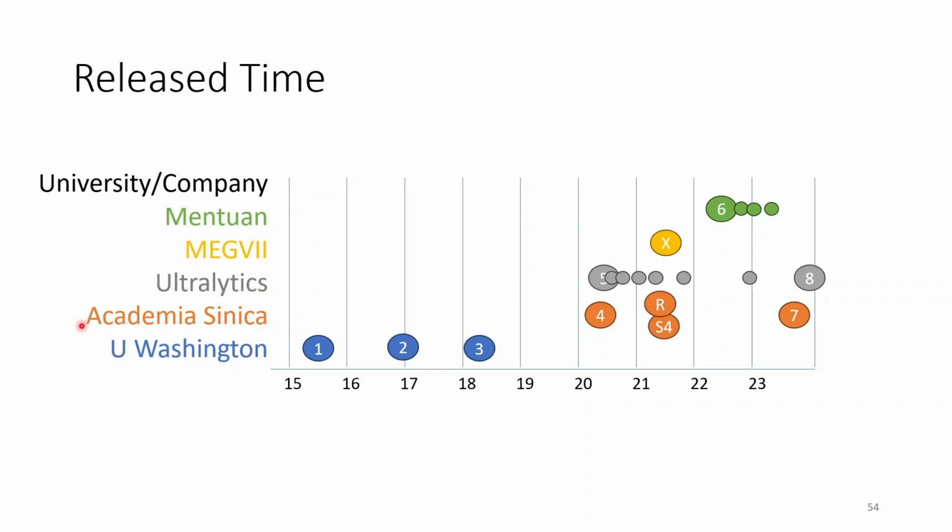The second group is Academia Sinica in Taiwan, which in Chinese we call 中央研究院. They published 4 papers, and this is YOLO. It is a representation, not a classification algorithm.